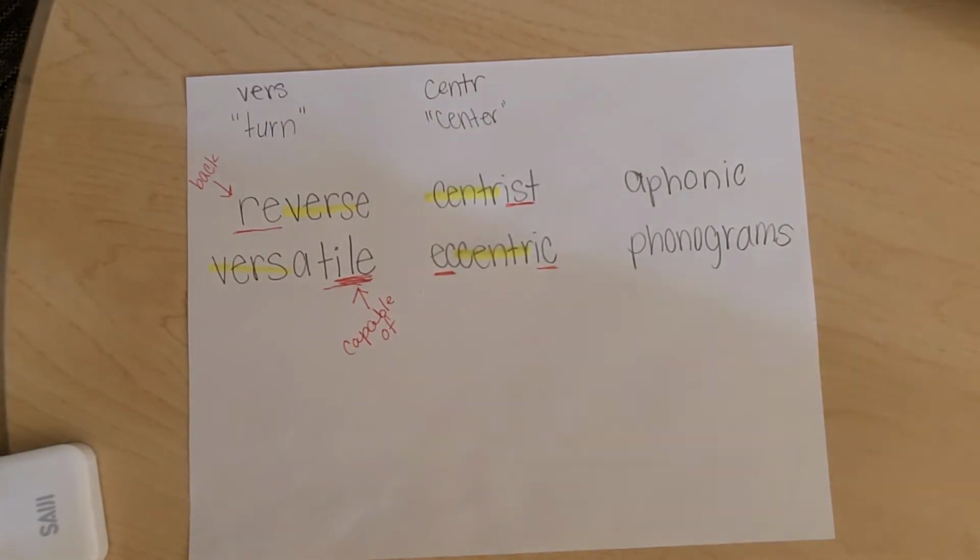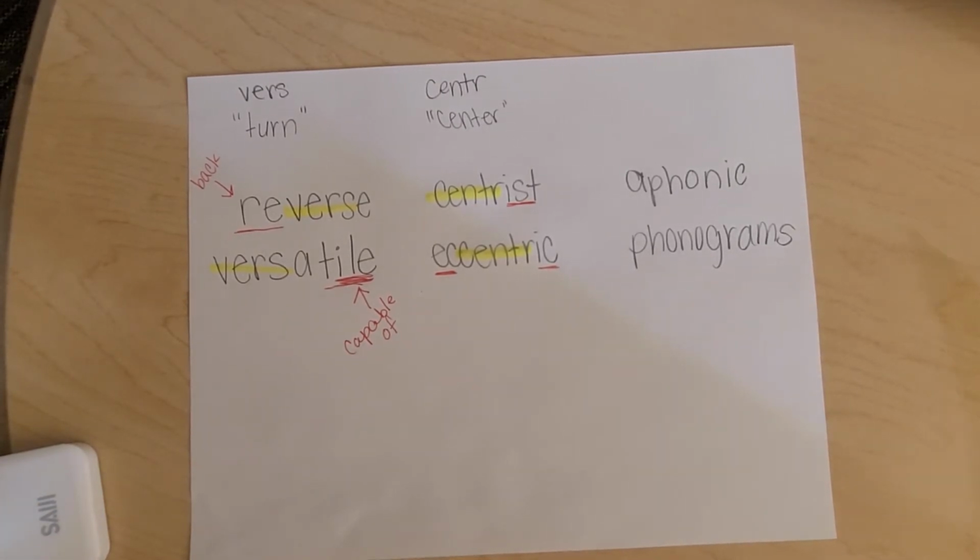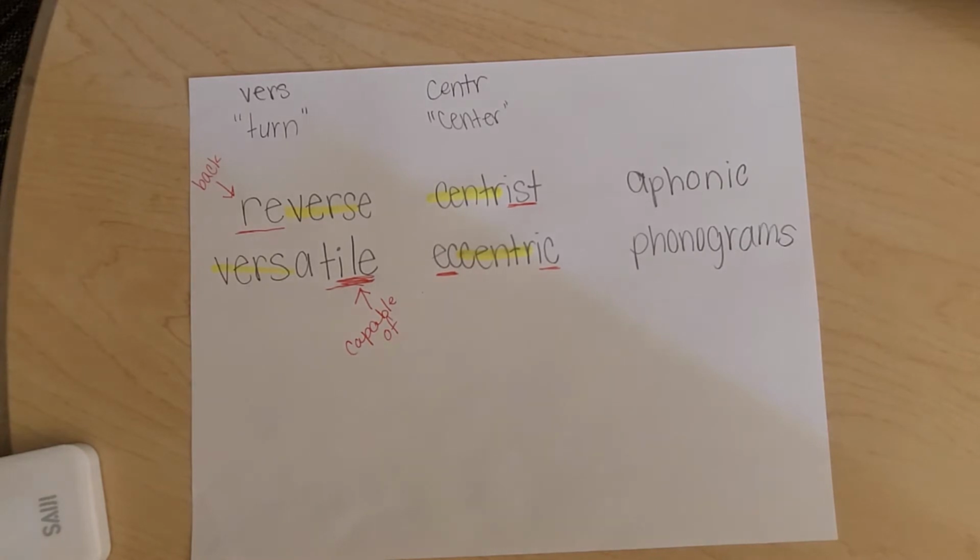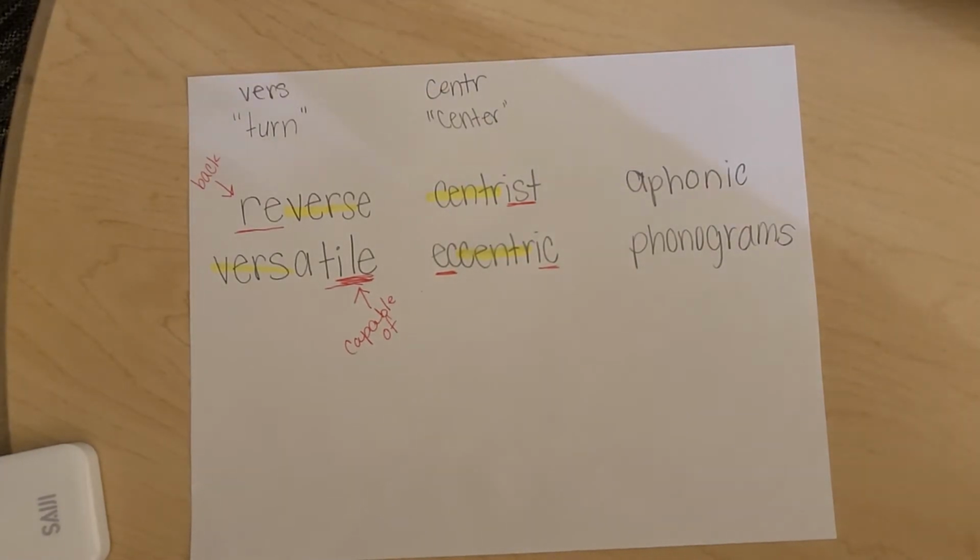So I'm going to use my packet to help me determine the meanings of these words. I'm going to focus on the word I'm more familiar with, eccentric, and then I'm going to focus on the word that I am not familiar with. So not eccentric, but the prefix ec could be out or forth, without, from, or away.